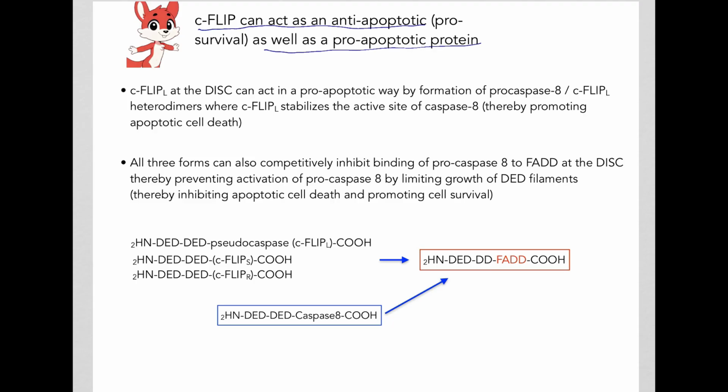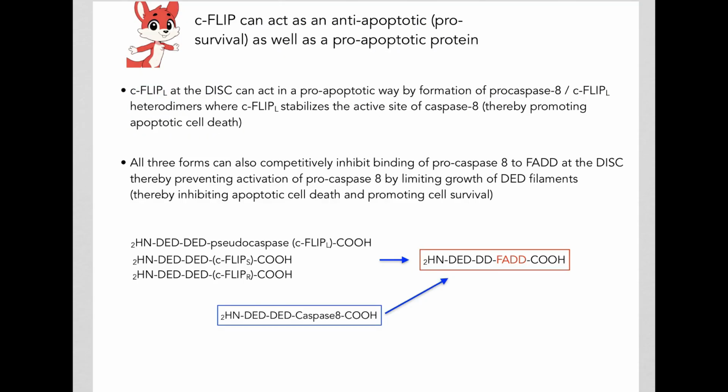So in the previous example, we saw how C-FLIP at the death-inducing complex acts in a pro-apoptotic way by formation of procaspase 8 C-FLIP heterodimers, where the C-FLIP stabilizes the active site of caspase 8, thereby promoting apoptosis. So in this example, C-FLIP L acts in a pro-apoptotic way.